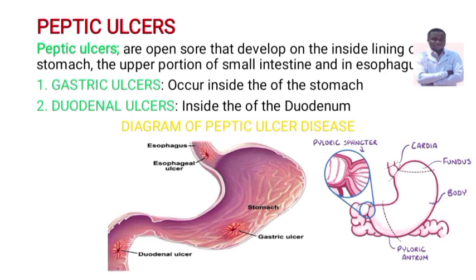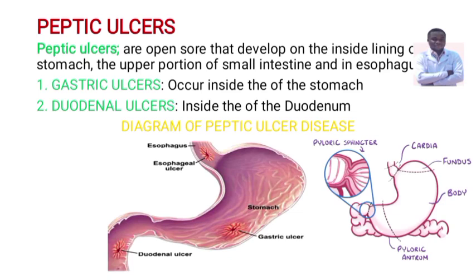Peptic ulcers are divided into three parts: the esophagus, the stomach, and the duodenum. The ulceration occurring in the esophagus is an esophageal ulcer. The ulceration that occurs in the stomach is the gastric ulcer, and the ulceration that occurs in the duodenum is the duodenal ulcer.